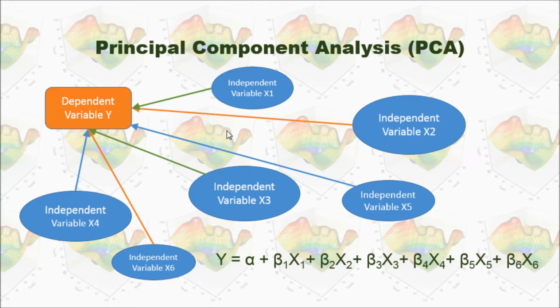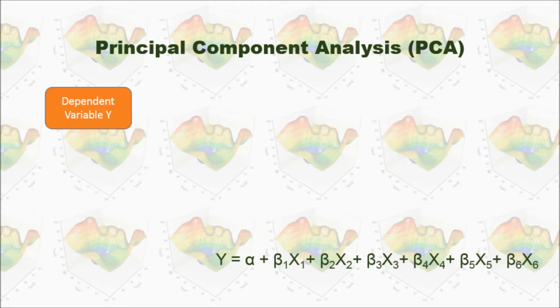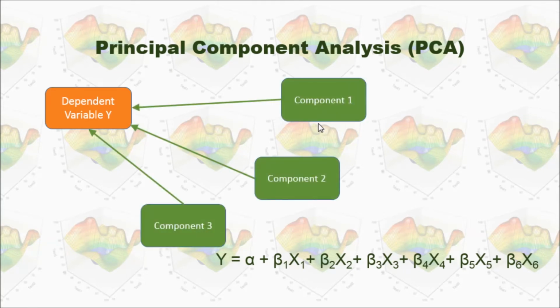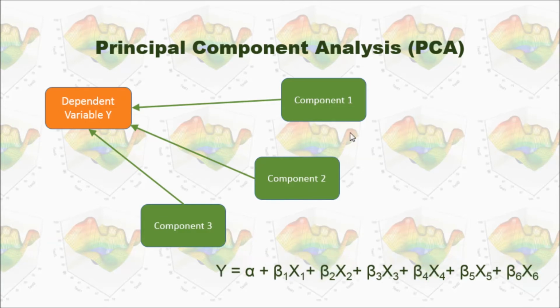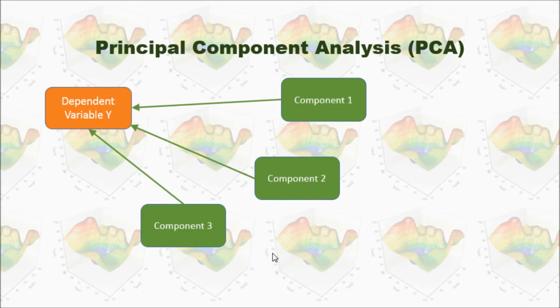What we do is transform all those 6 variables to 3 principal components, and then we calculate the dependent variable with all those 3 components. So in this way, we can reduce the independent variables from 6 to 3. In this video, I'm going to reduce the independent variables into 2.